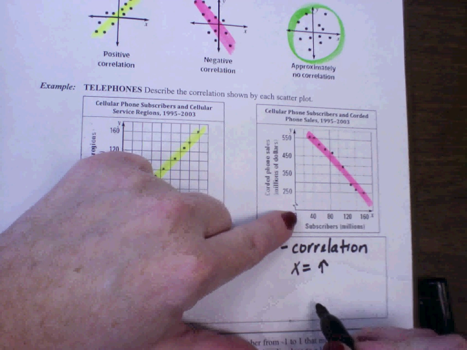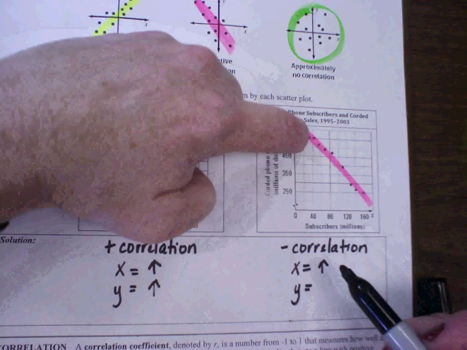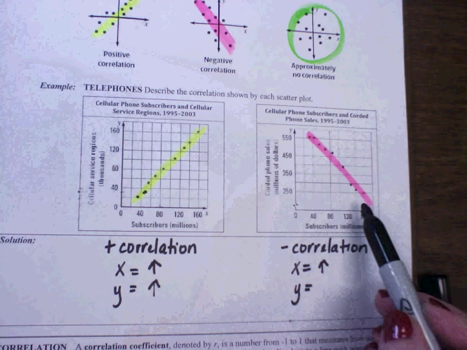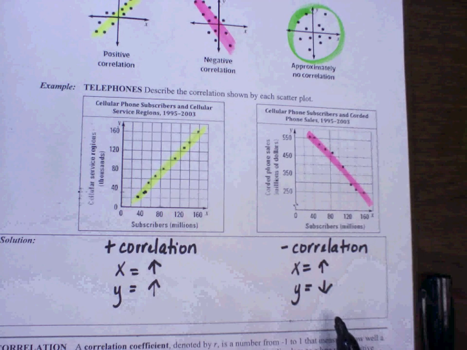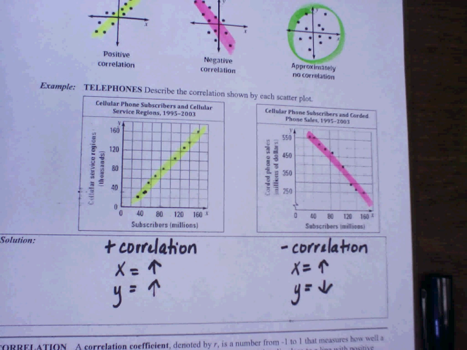They're increasing. They're not decreasing. What about your range? Where does it start? 550, and that one goes all the way to 160. So this one is what? Decreasing. Very good. So see, one up, one down, the relationship would be negative.